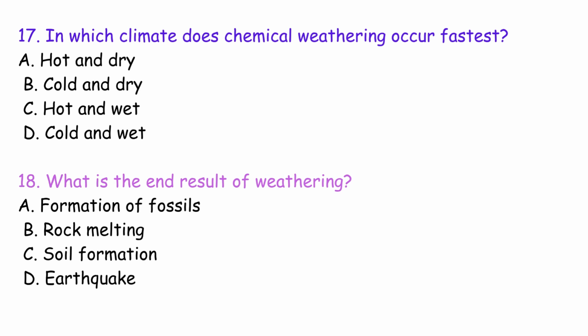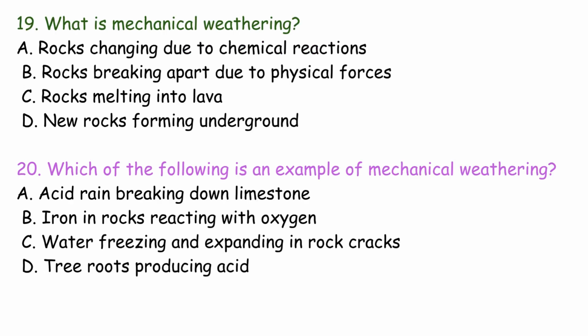C. Soil formation. D. Earthquake. 19. What is mechanical weathering? A. Rocks changing due to chemical reactions. B. Rocks breaking apart due to physical forces. C. Rocks melting into lava. D. New rocks forming underground.